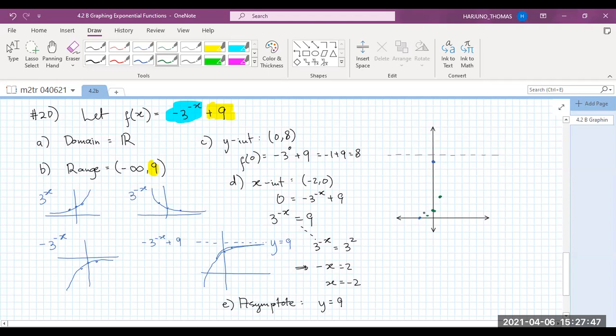When we reflect with respect to the y-axis, those three coordinates become (-1, 3), (0, 1), (1, 1/3). Now when we reflect with respect to the x-axis, those three coordinates become (-1, -3), (0, -1), (1, -1/3).